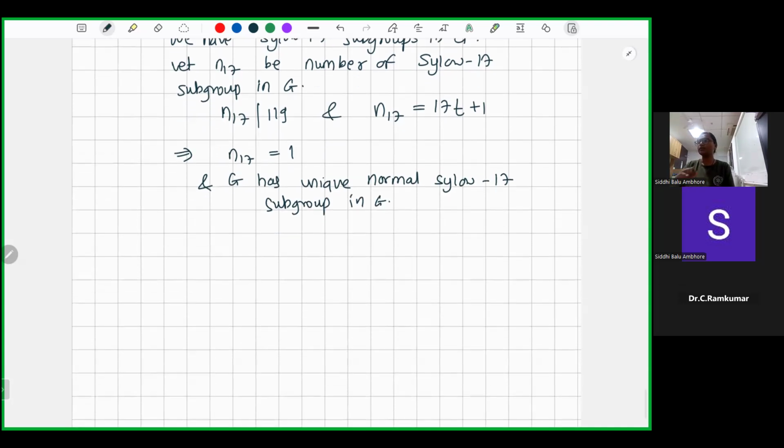And similarly, we can show that we have a Sylow 7 subgroup.